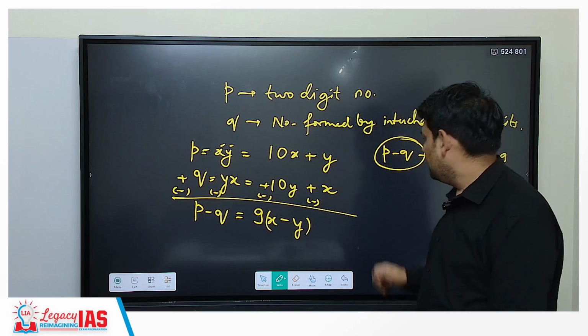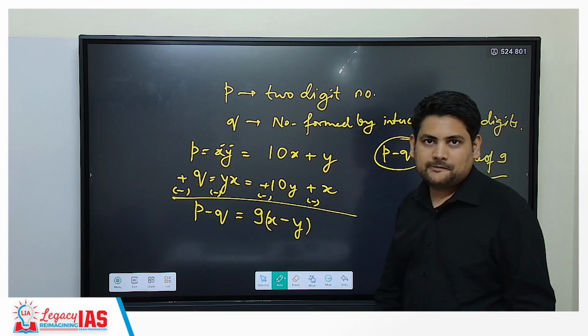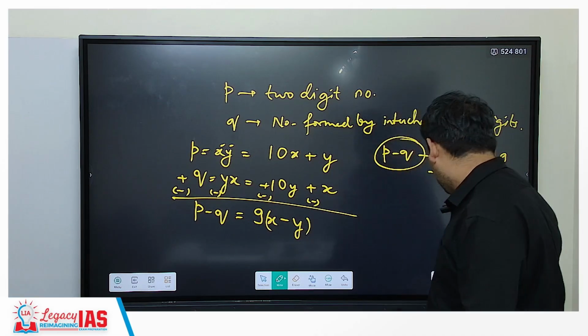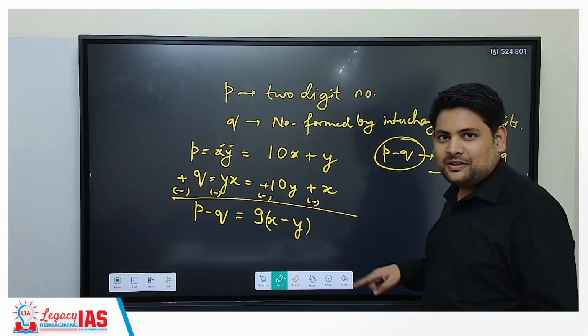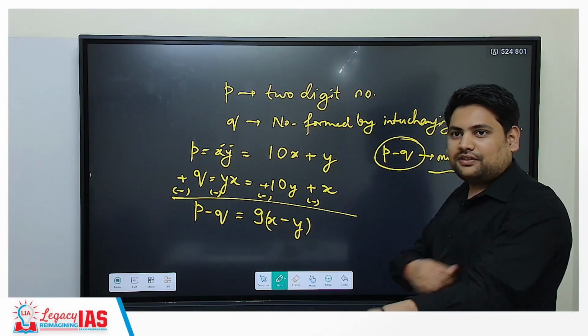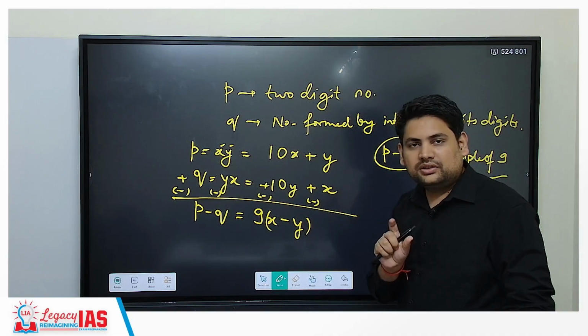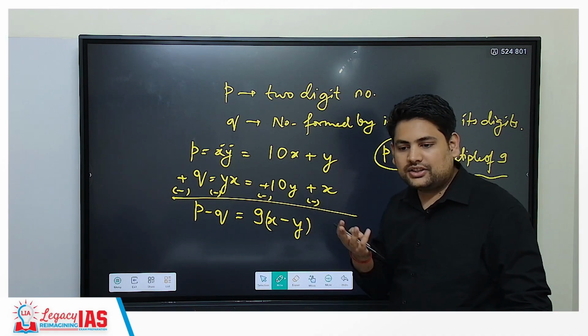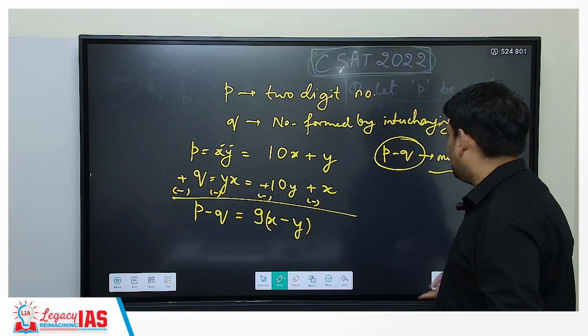The difference between a two-digit number and its interchange would be a multiple of 9. That much you must have understood.